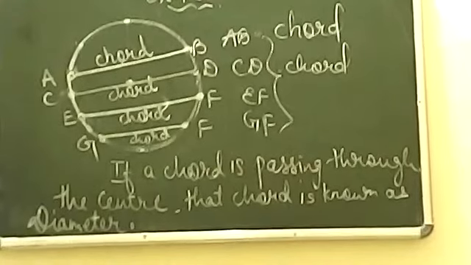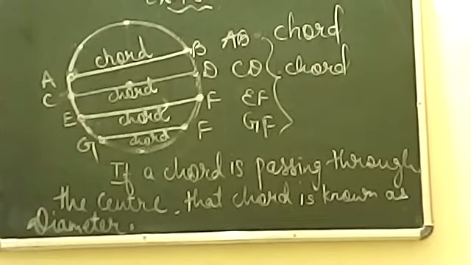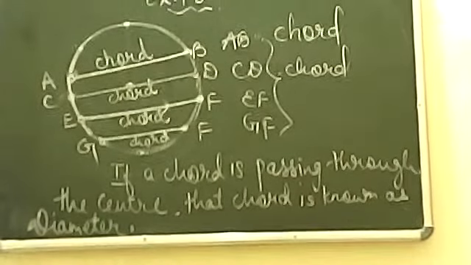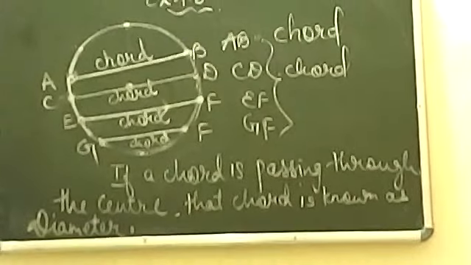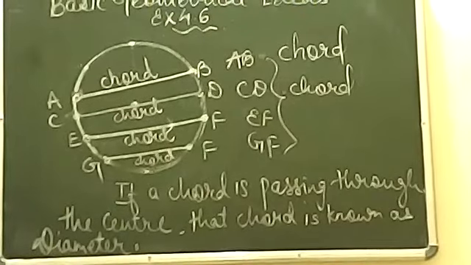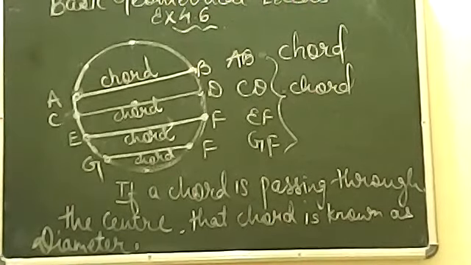ठीक है, remember, again telling you the definition, if your chord is passing through the center, that chord is known as diameter. Okay, once again telling you both the definitions of diameter and chord. सबसे पहले याद रखिए, first I am telling you the chord.